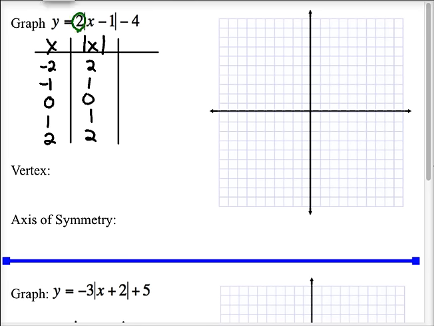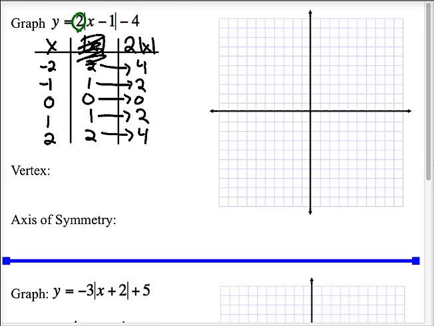So I'm going to add another column where I take that stretch into account. So I'm going to take each of these values and multiply them by 2. So now I really don't even need this middle column anymore. I'm going to scratch that out because what I'm going to plot is x and y. I'm going to plot those on my graph. And then from there, that is what I'm going to shift.